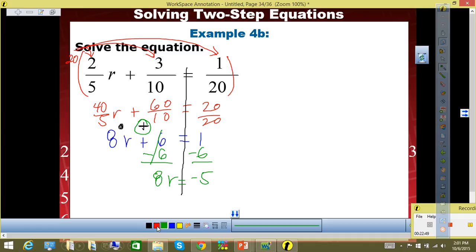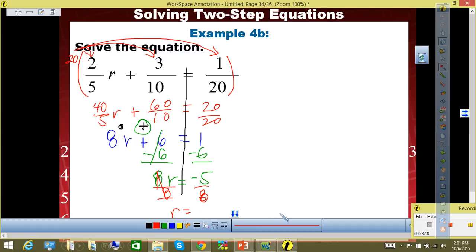Julian. What? Divide by 8. Divide by 8. 8 over 8 is 1.